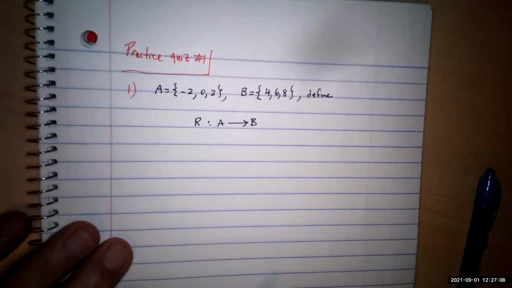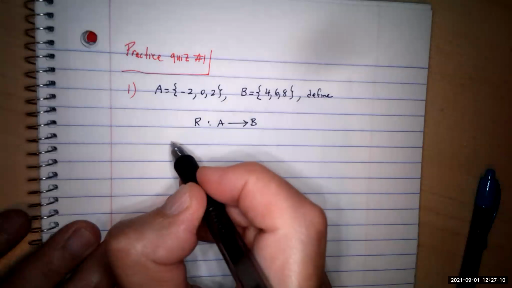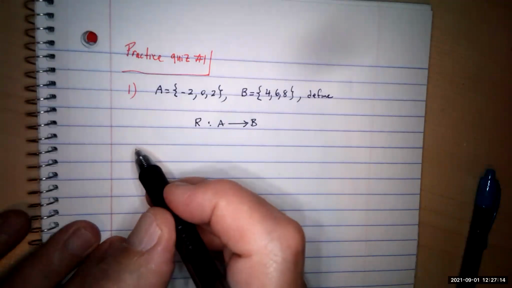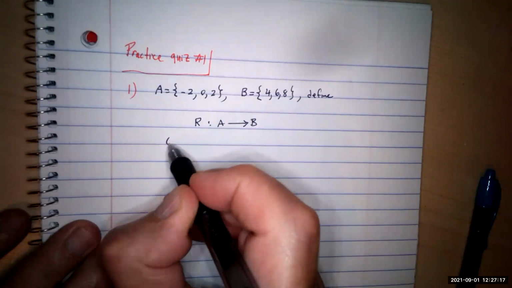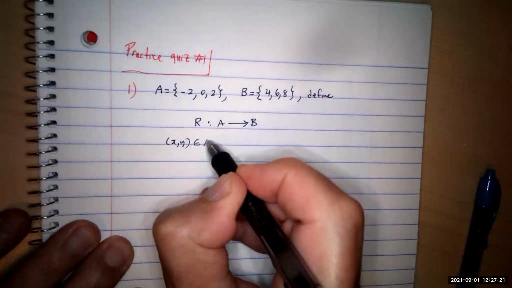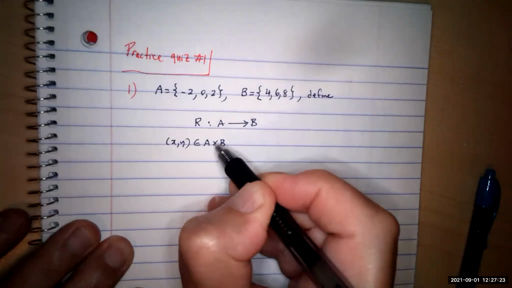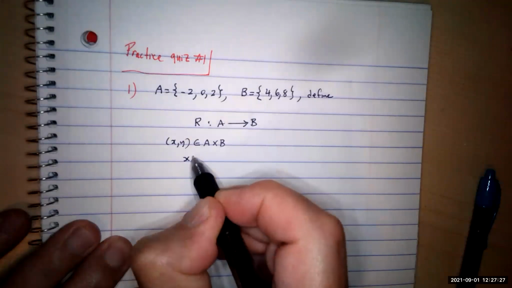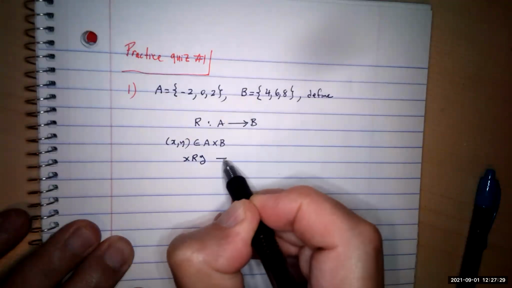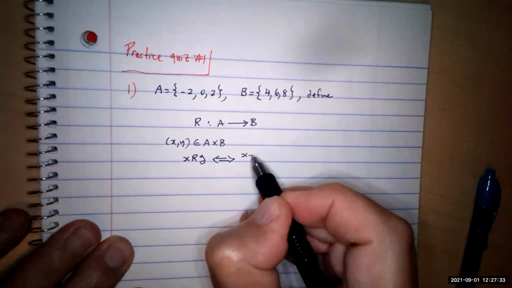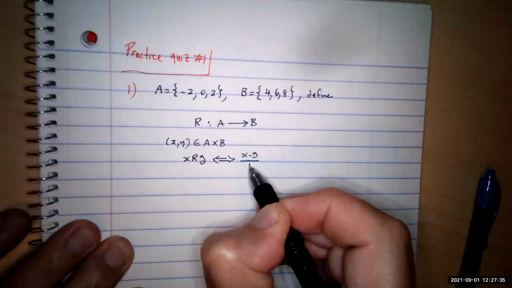by this definition. Remember, a relation is just a collection of ordered pairs. The definition is that (x, y) in A cross B are related to each other. X is related to Y if and only if x minus y is divisible by 4.